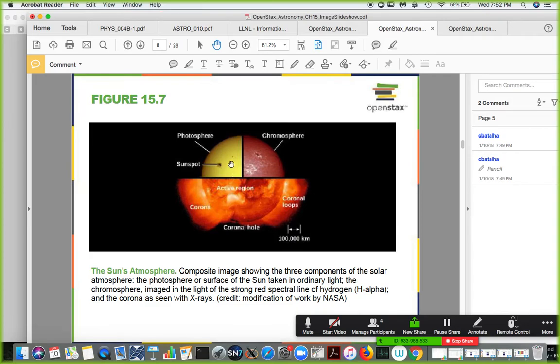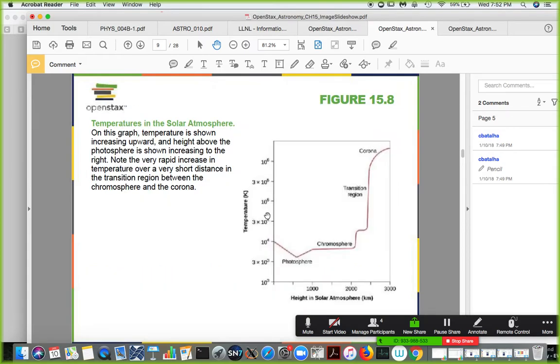The photosphere is where those features exist. The chromosphere is above the photosphere, and the corona is the outermost layer of the solar atmosphere. Here's a scale that shows how the temperature varies in the atmosphere.